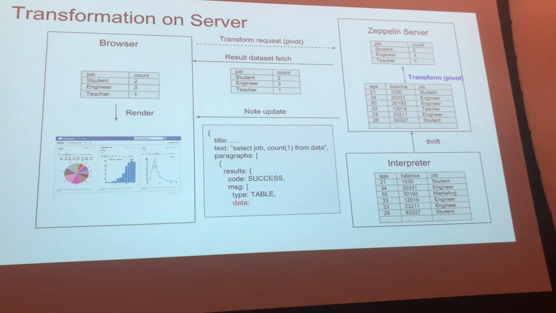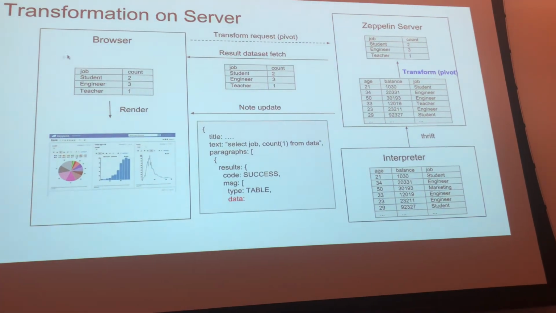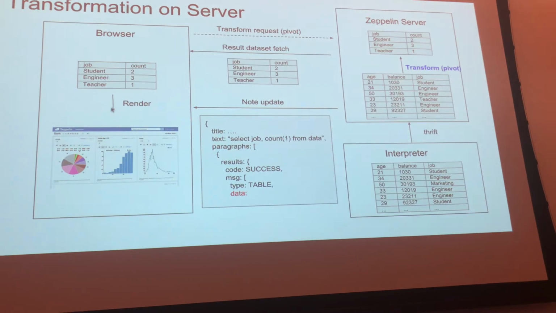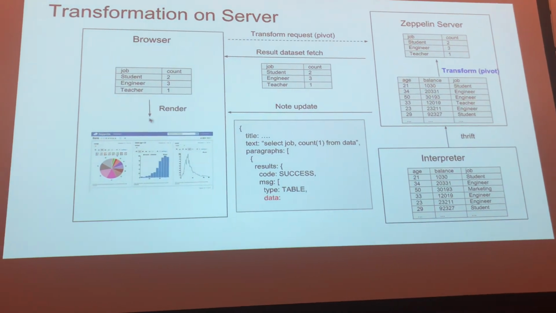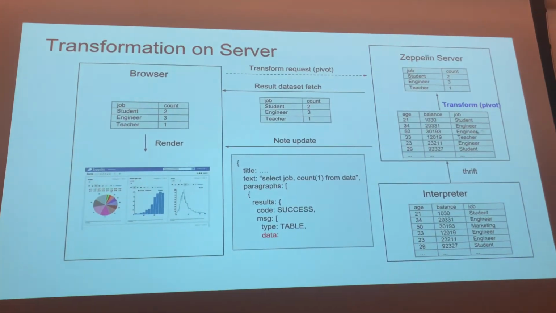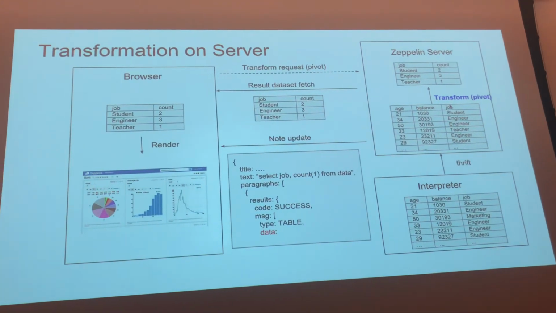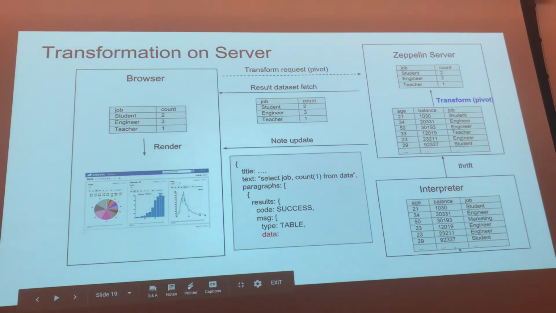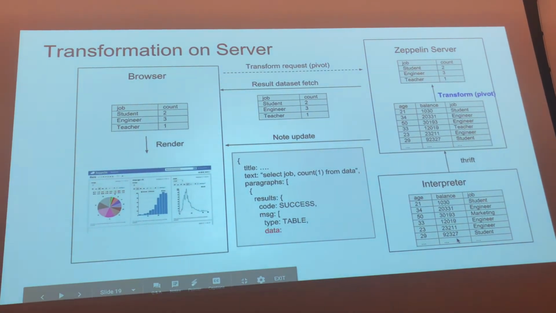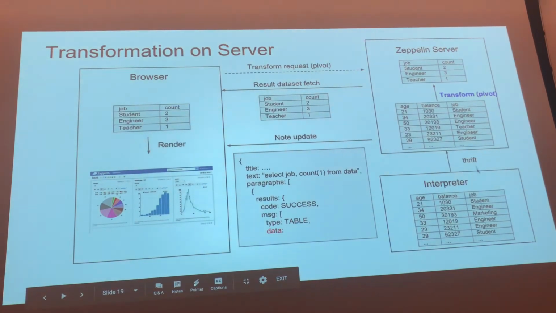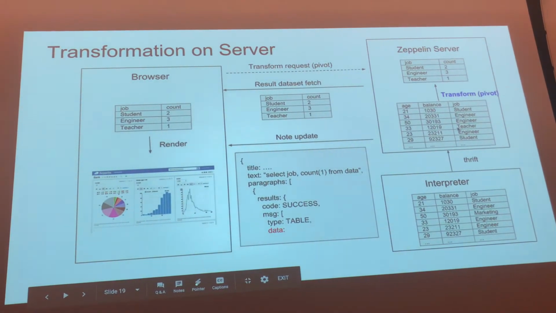So one possible improvement is to move the pivot or transform logic from the front end to the Zeppelin server side. Again, I run the query, and this Spark interpreter, let's say, gets the result from the Spark cluster, and then it transfers all the data to the Zeppelin server.